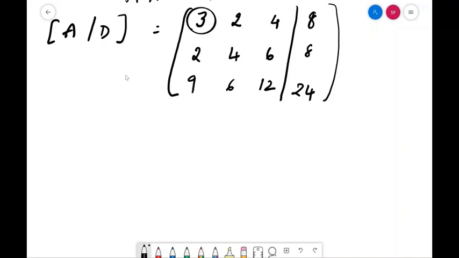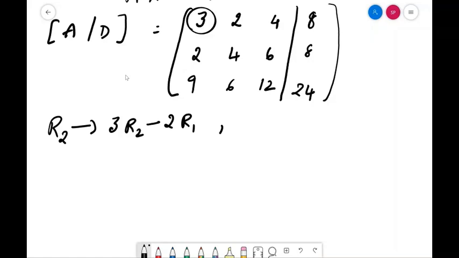Using this, I have to make the other entries in this column, 2 and 9, zeros. So for R2, I have to make the first entry in the second row 0. So multiply R2 with 3 and then subtract 2 times R1. Then this will become 0.